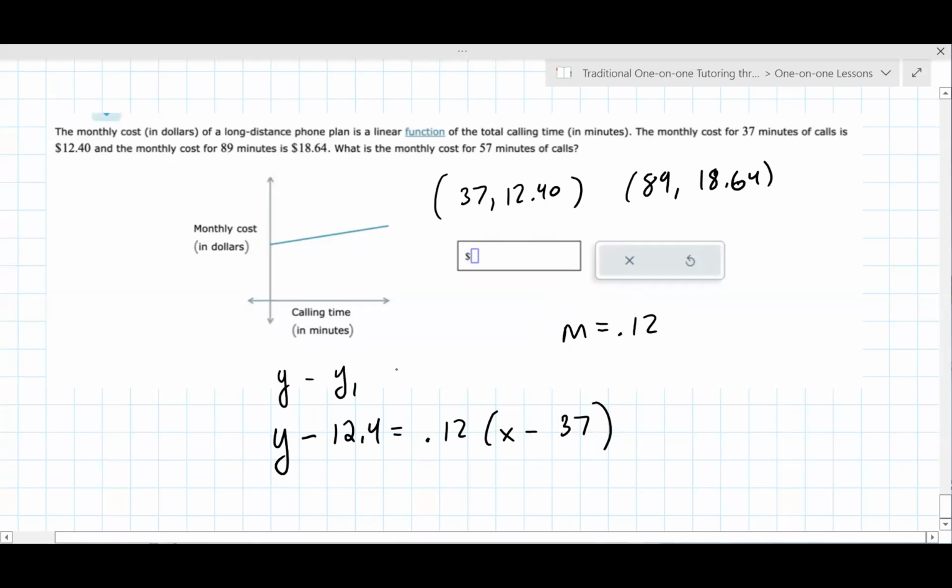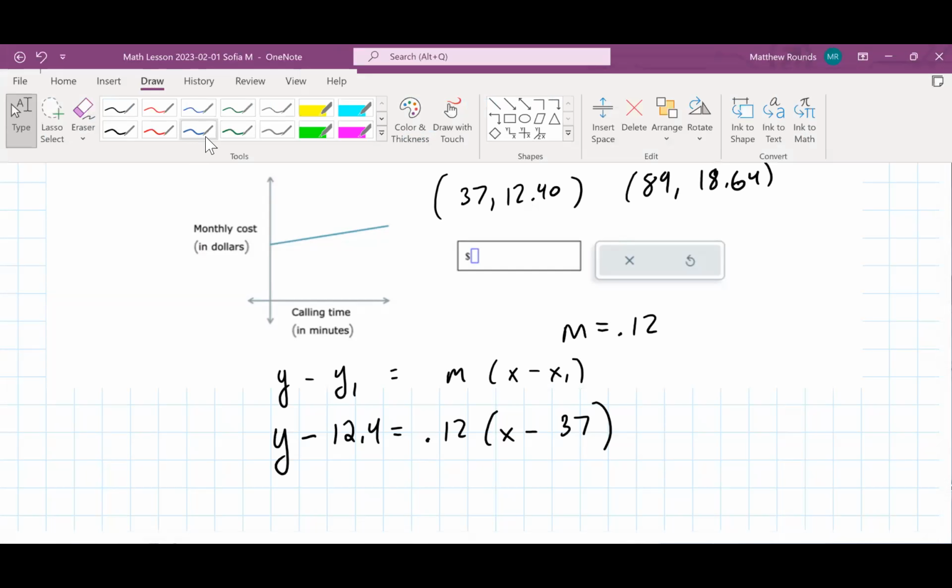It's y minus y1 equals slope times x minus x1. So x1, 7, y1, minus 7, 20.